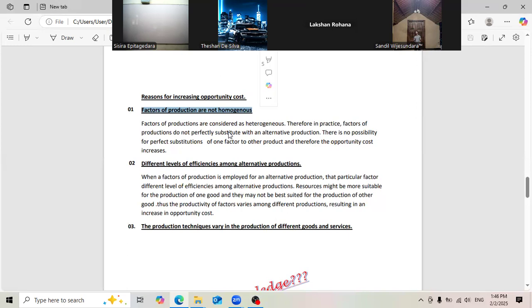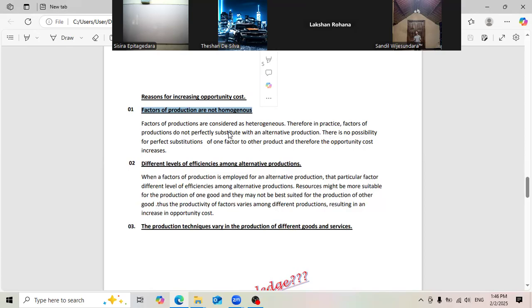Example, a worker working in a paddy field cannot be utilized for a garment factory producing textile with the same productivity. So this is one of the factors affecting increase in opportunity cost.